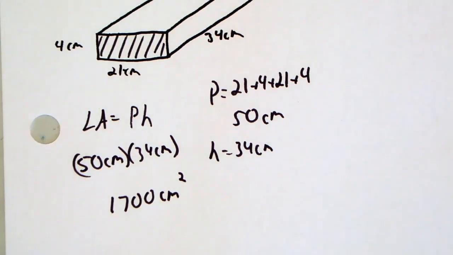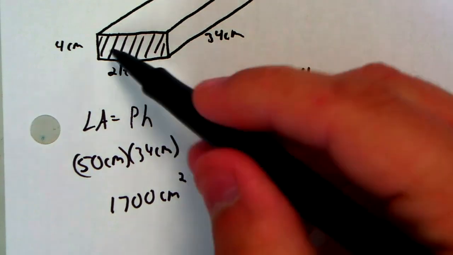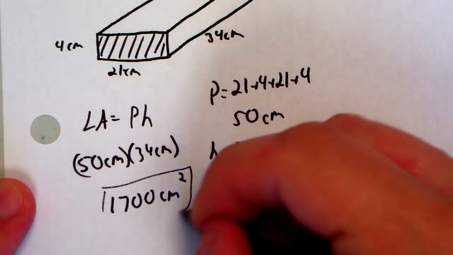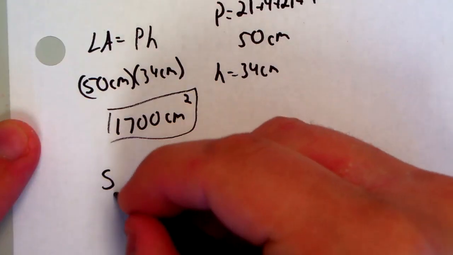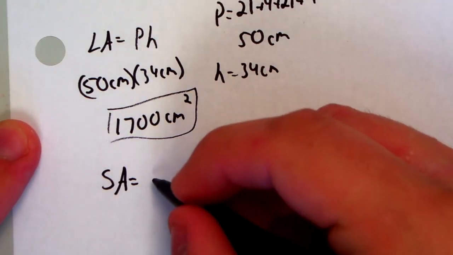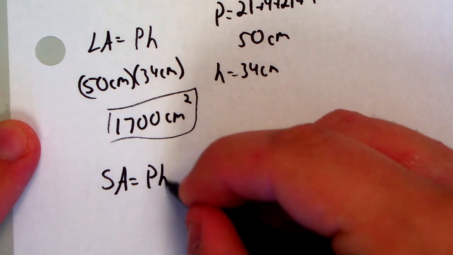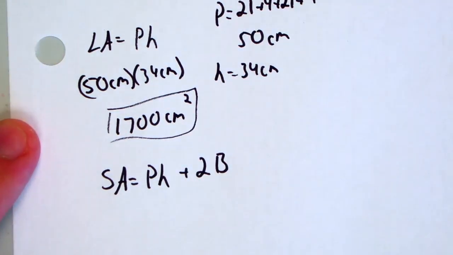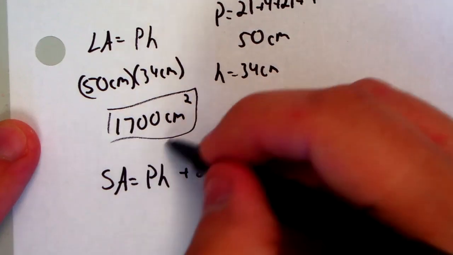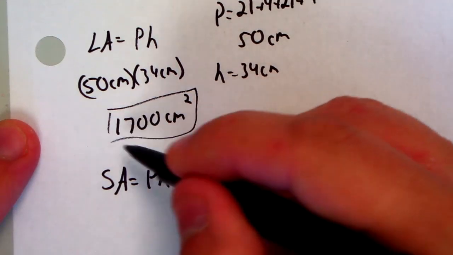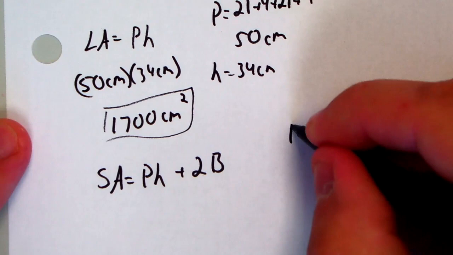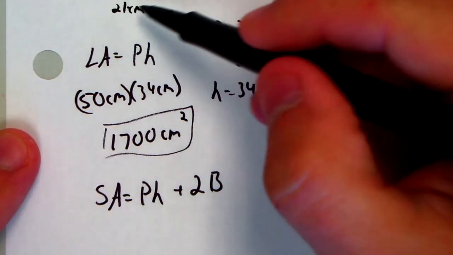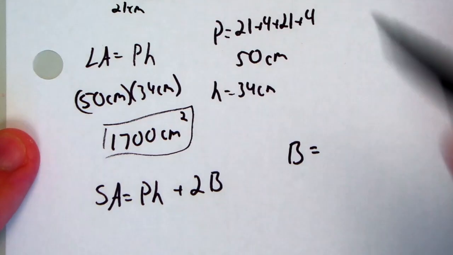The reason why it's square centimeters again is because we're looking at an area. Now, surface area, again, is going to be the lateral area, which is perimeter times height, plus 2 times the area of the base. We already just figured out what the lateral area is, this 1,700 square centimeters. So now the base is going to be, well, this is a rectangle, so 4 times 21.